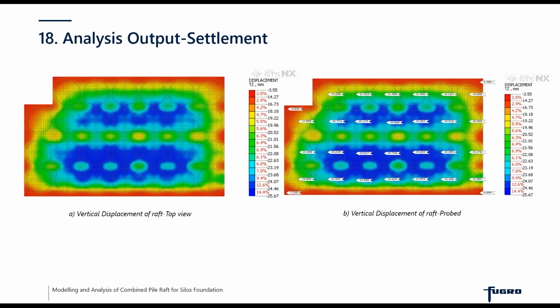After that, we ran the analysis. If you recall, in one of the slides I said why a 3D finite element analysis is required: first we check for the absolute settlement. You can see that we have a maximum settlement of 25 millimeters, and you have all the contours, which give an idea of the differential settlement across the silos and across the raft foundation.